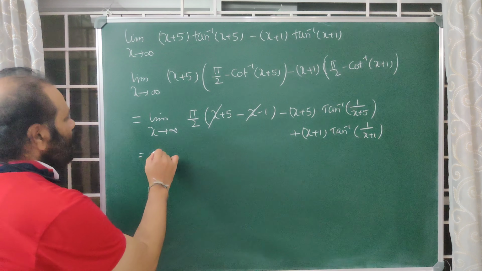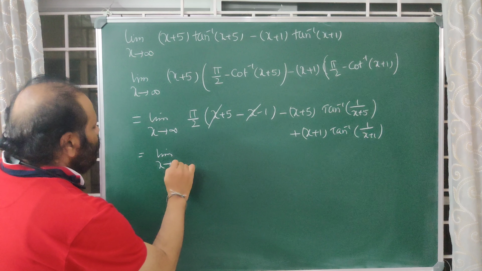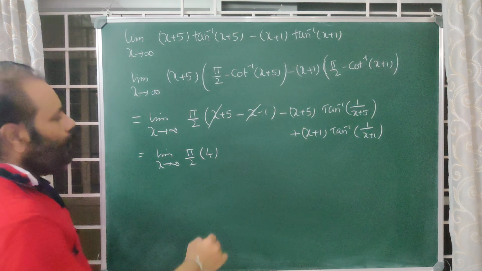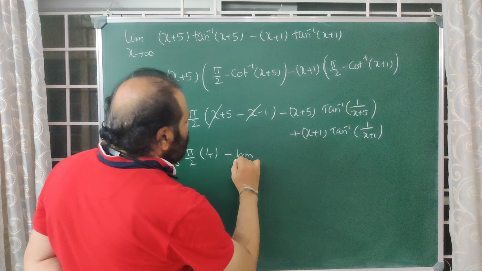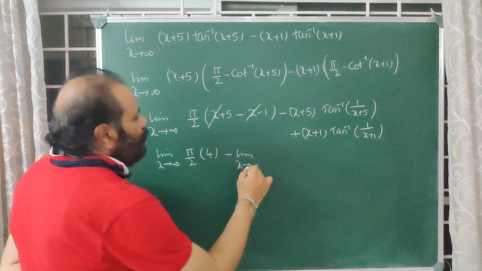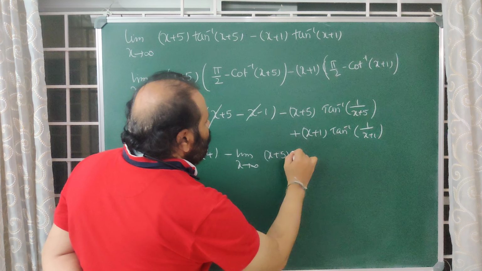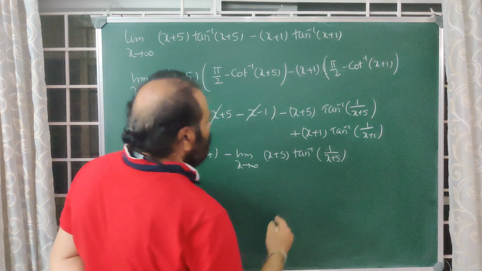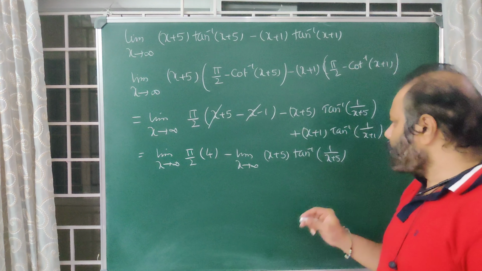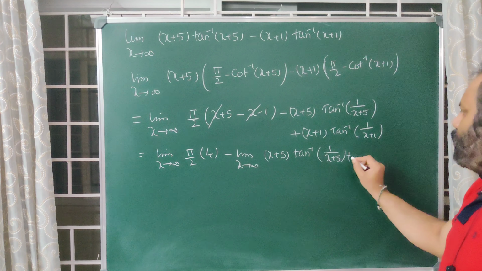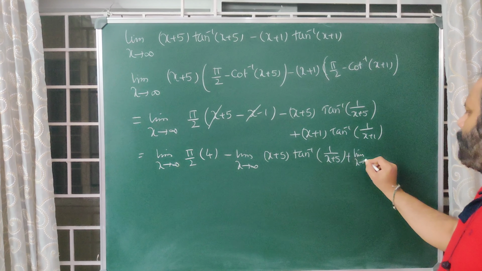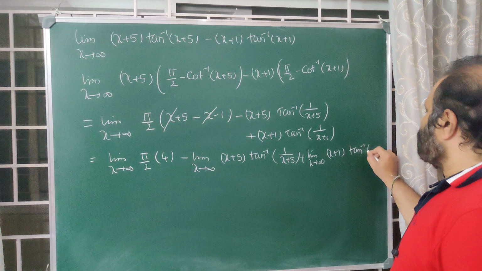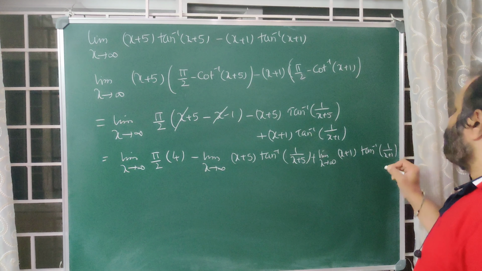This will be equal to limit x tending to infinity, pi by 2 into 5 minus 1, which is 4, minus limit x tending to infinity (x plus 5) into tan inverse 1 by (x plus 5), plus limit x tends to infinity (x plus 1) into tan inverse 1 by (x plus 1).